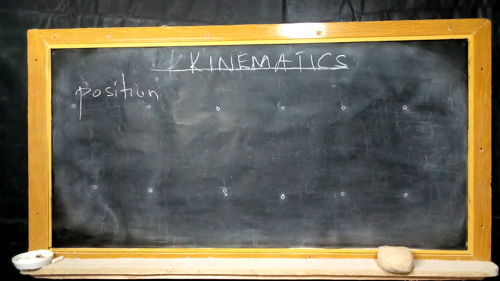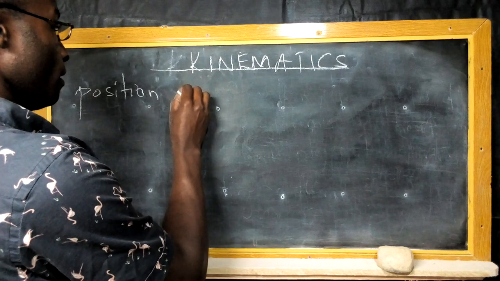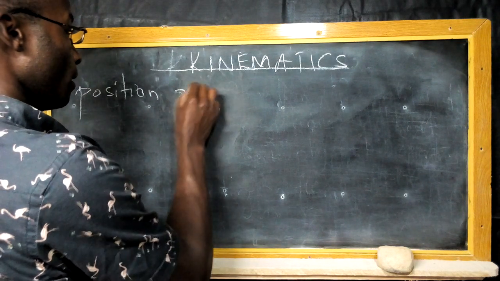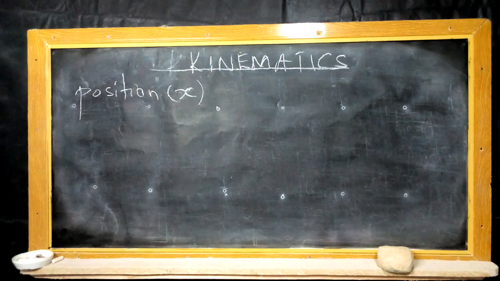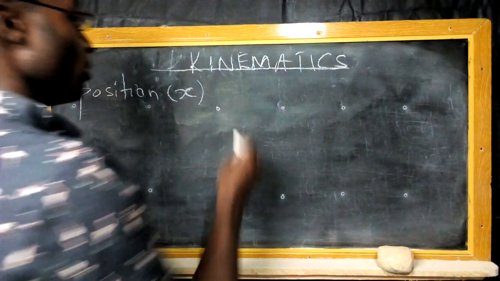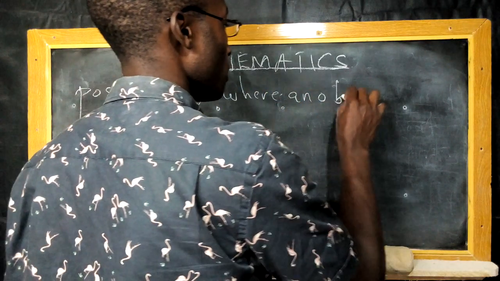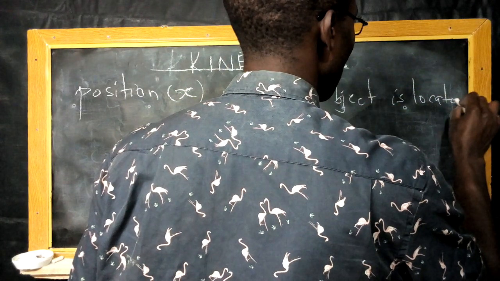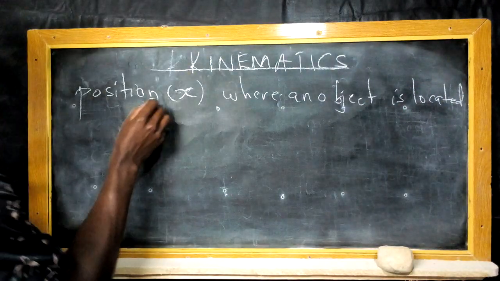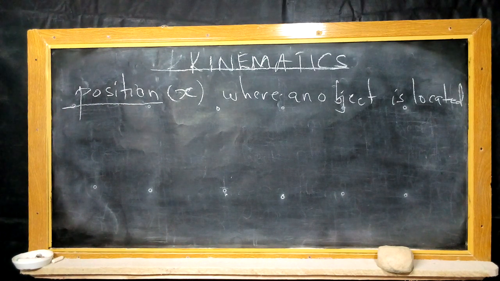When we are talking about position in kinematics, it can be represented by the initial x, and this denotes where an object is located.